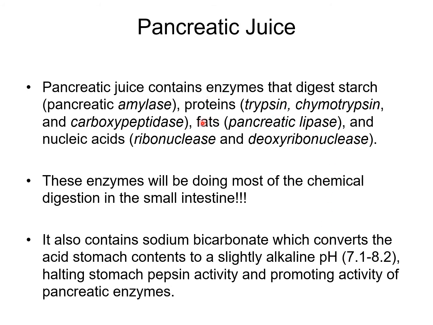It's not written out here, but we are making half a gallon of pancreatic juice every day. So there is a huge volume of this pancreatic juice enzyme and the neutralizing agent ready to take the acidic edge off of that stomach acid.